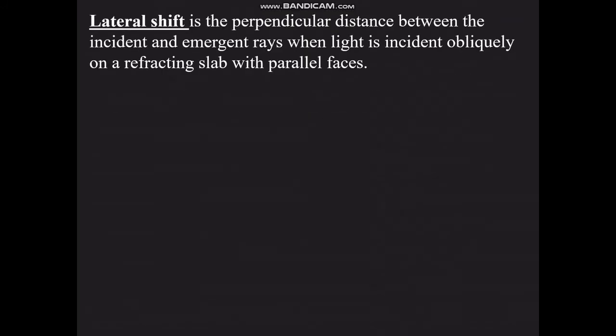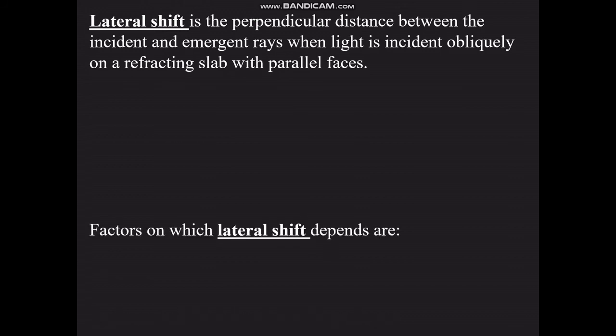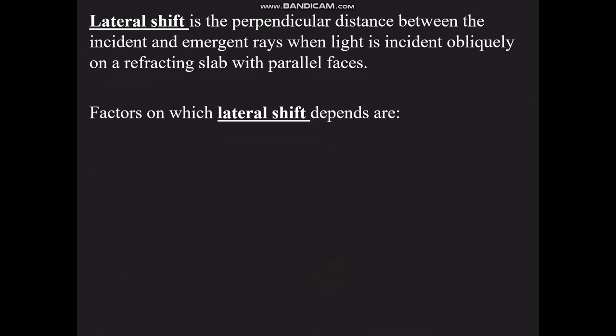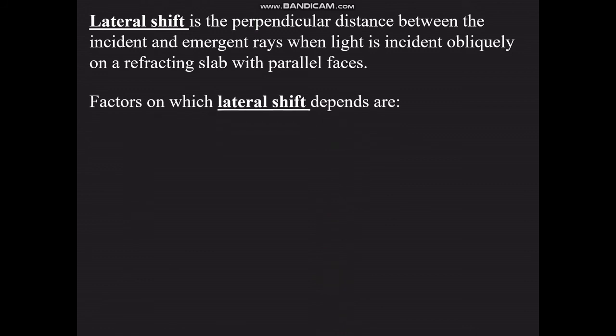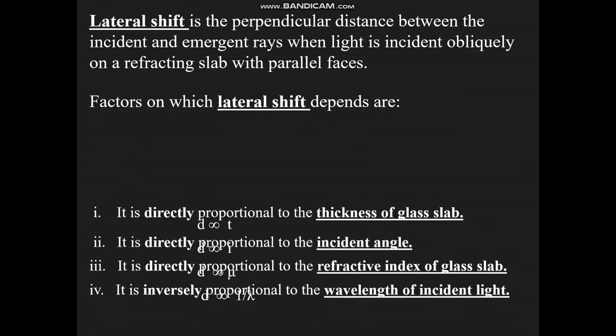So lateral shift is defined as the perpendicular distance between the incident and emergent rays when light is incident obliquely on a refracting slab with parallel faces. Now this lateral shift will depend upon certain factors. So let's see what are the factors on which the lateral shift depends.